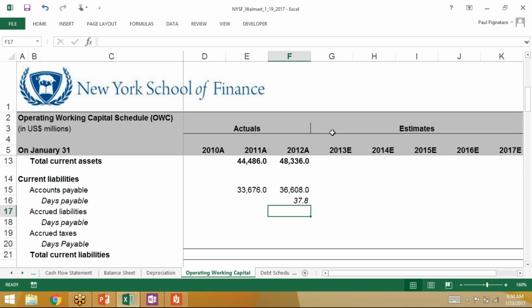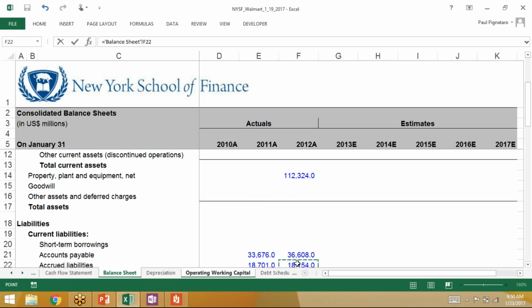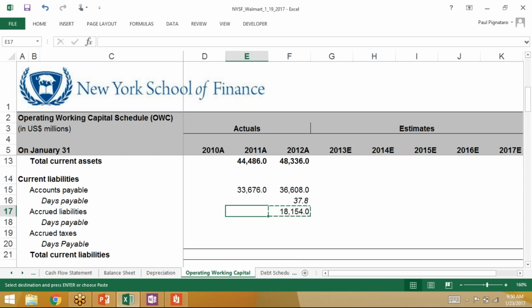Accrued liabilities? Pull it in. What's accrued liabilities based on?